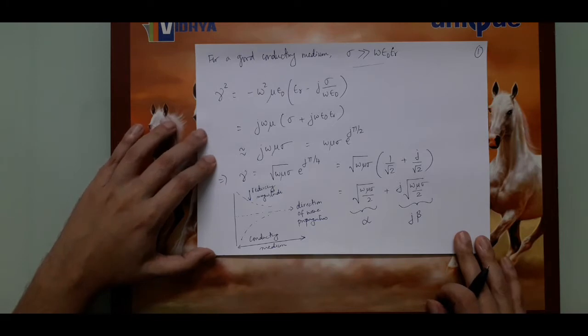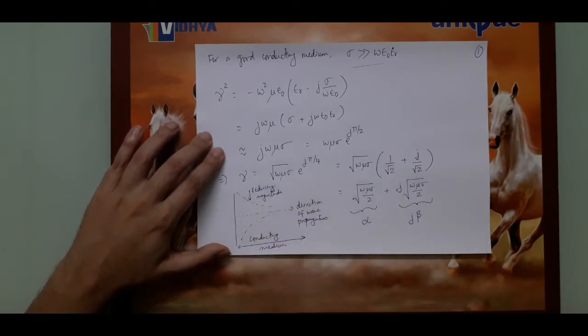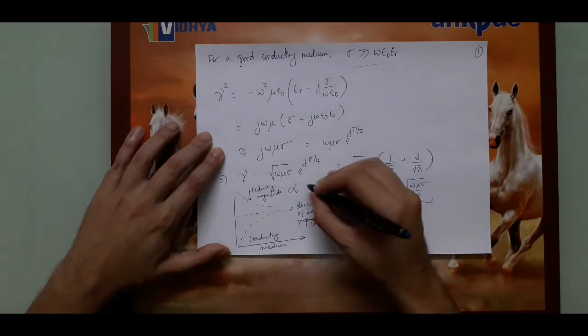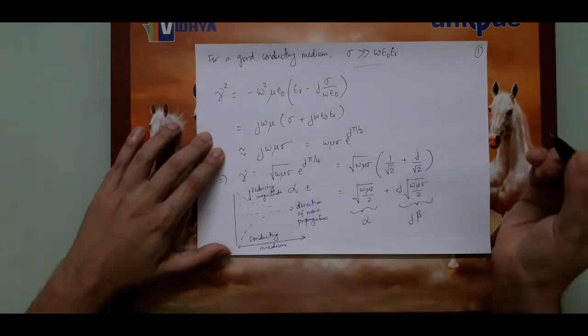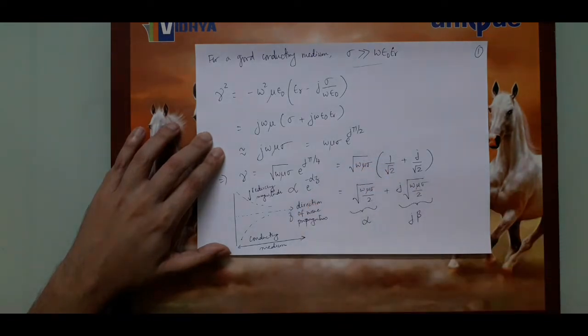Now, what is the way in which the magnitude reduces? The magnitude reduces proportional to e raised to minus alpha z. Now let us assume that this is the z direction.